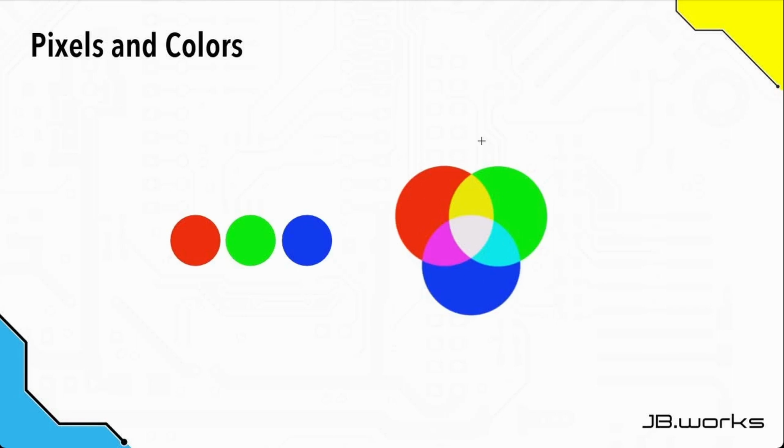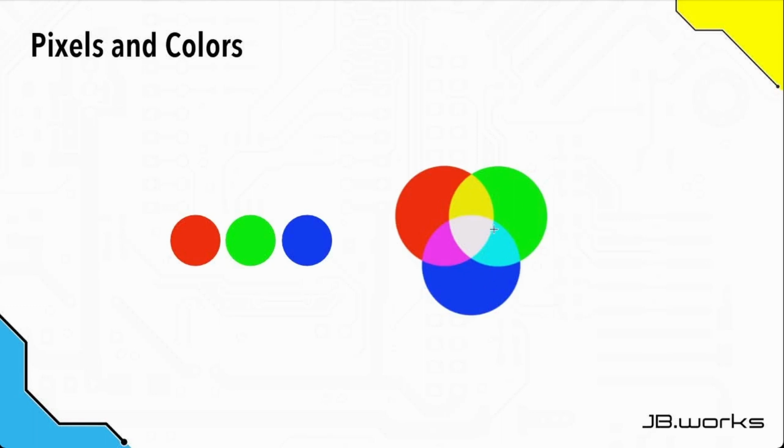Colors are generated by mixing or changing the amount of light that comes from each individual pixel. So for example, if all of the RGB LEDs are turned on at the same brightness, you'll get white. If you only have the red one and the green one turned on, you'll get yellow, and so on.